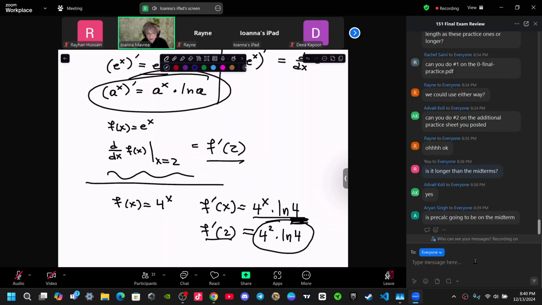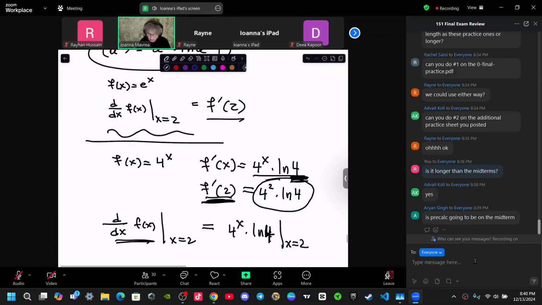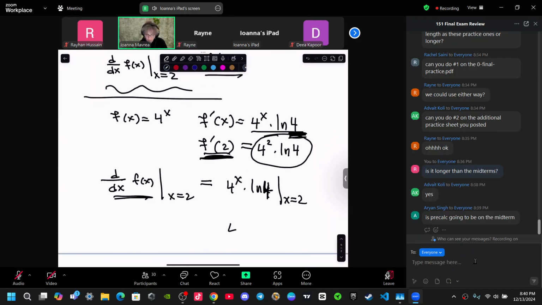Okay, and that would be that. Or they can ask the same question this way. This is the same question. That says first find the derivative and then plug in 2. So the derivative is 4 to the x times natural log of 4, and then I plug in 2 for x. So 4 to the 2 times natural log of 4. Okay? That's all it is.